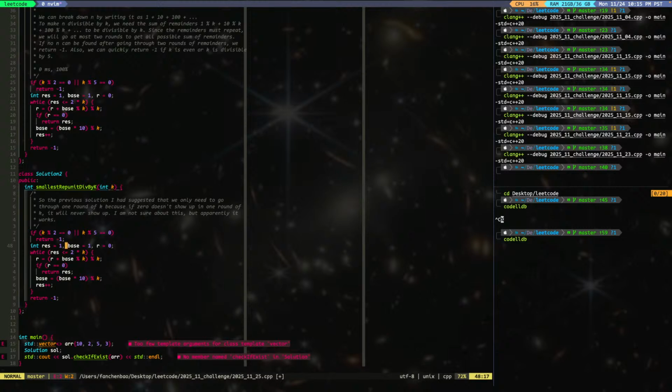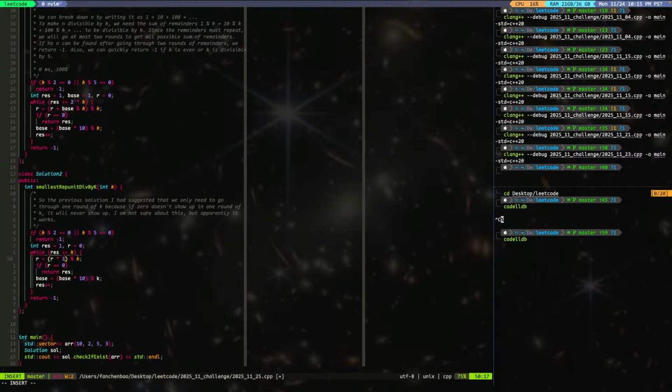So I do base. I do R. So I say, well, this is smaller than this. Actually, I don't even need to do R, right? So R is going to be equal to R times 10.